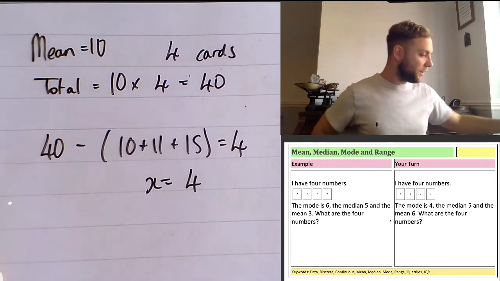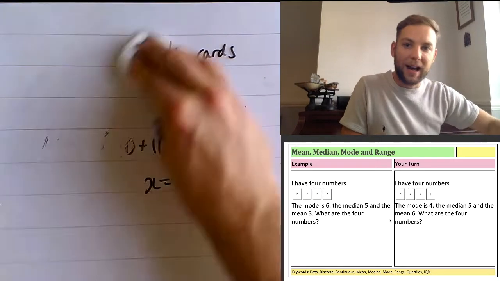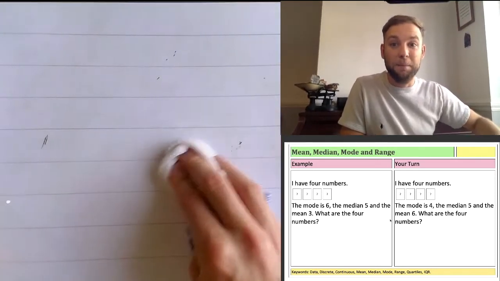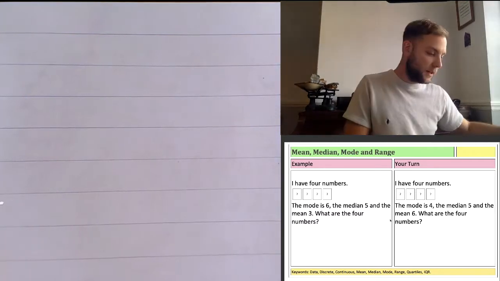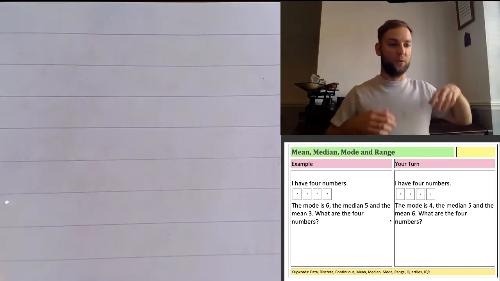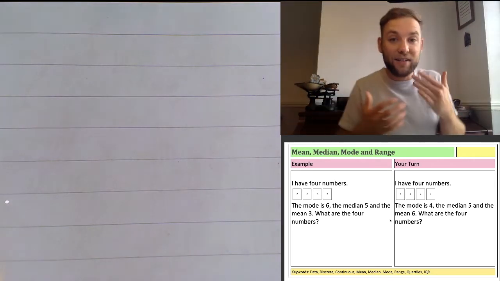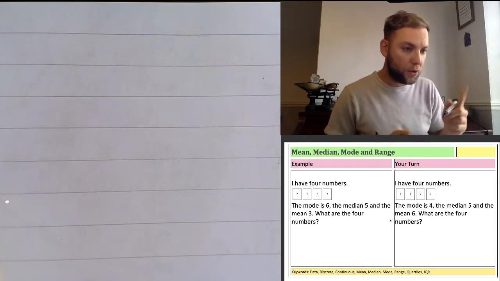So this one here is where it starts to get a little bit tricky. Okay. So what we're looking at here is combining all of these but working backwards. Alright? So when we're dealing with these, the first thing you've got to do is work out, again very similar to the mean, the total. So what do I know? I know that there's 4 numbers.